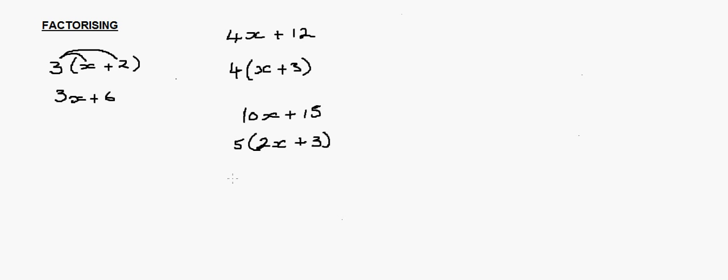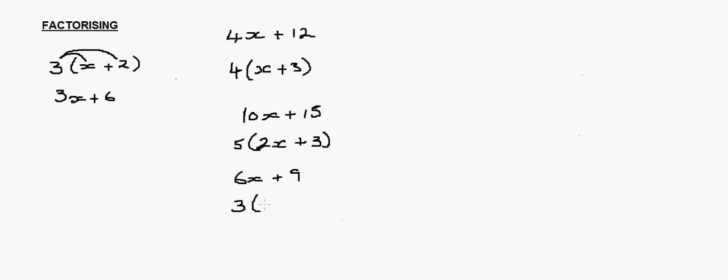Okay, I'll give you just one more. So let's say we've got 6x plus 9. So x here but not here. So I look at the numbers, 6 and 9. Now both divisible by 3. So 3 will come outside the bracket.